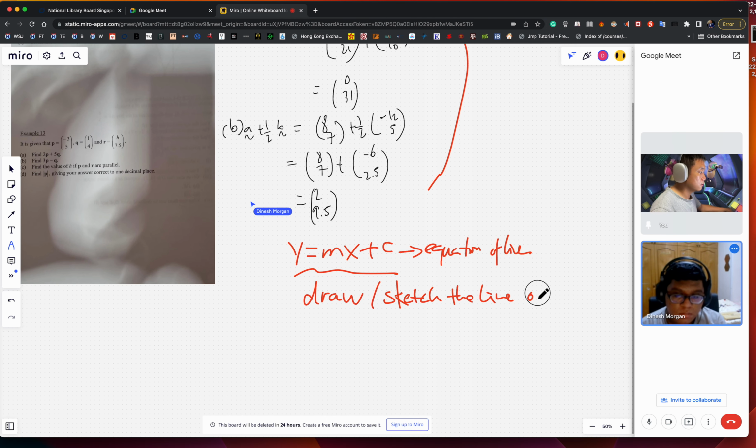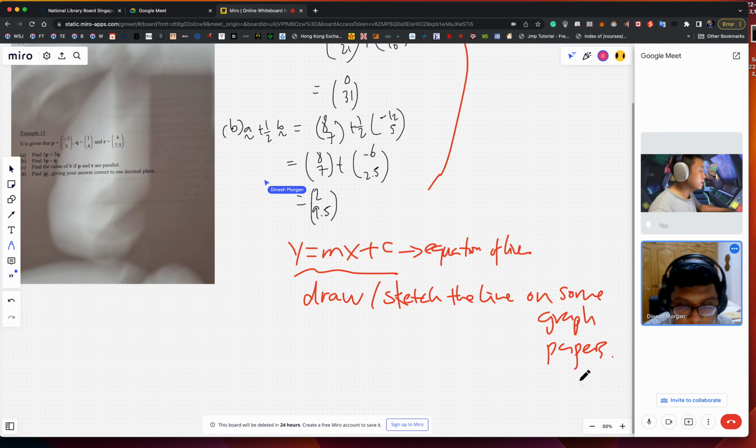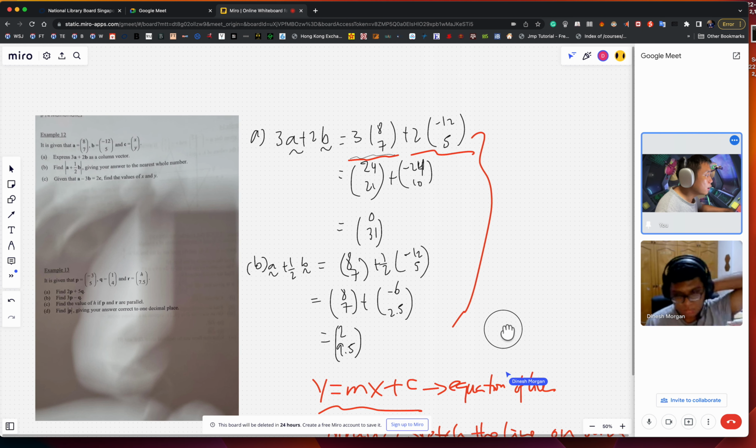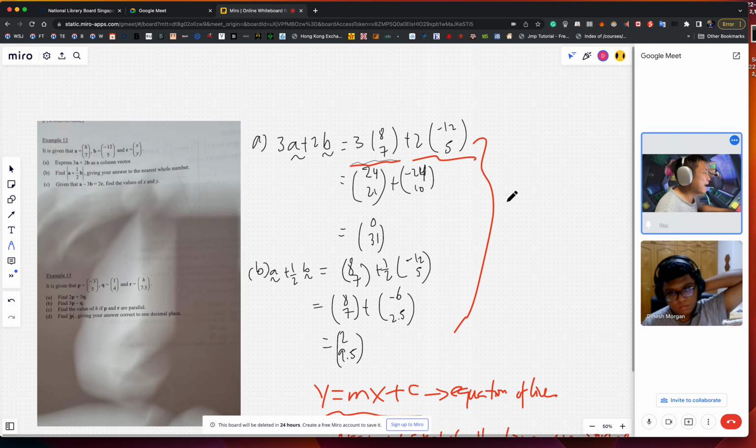Similarly, I'm not sure if you need to draw, but I cannot say you solve vectors graphically.